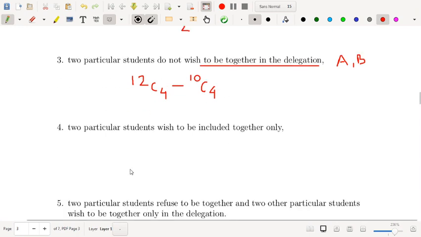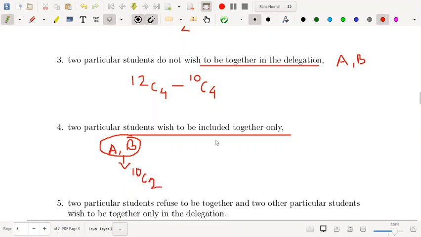Now case 4: two particular students wish to be included together only. It may happen that A and B are selected. In this case, as we have already observed, your answer will be 10C2.